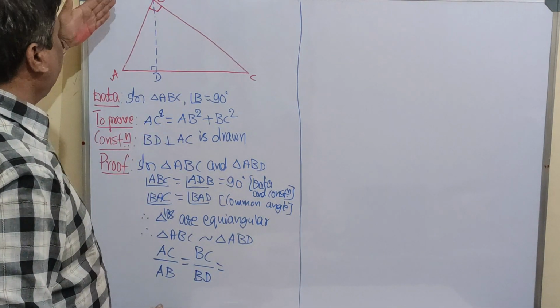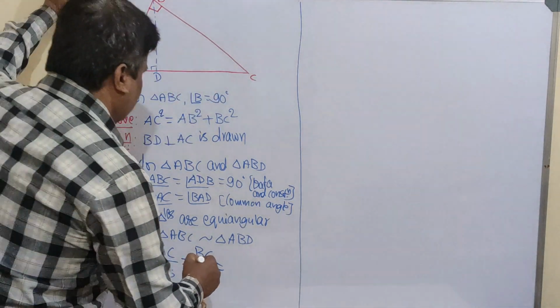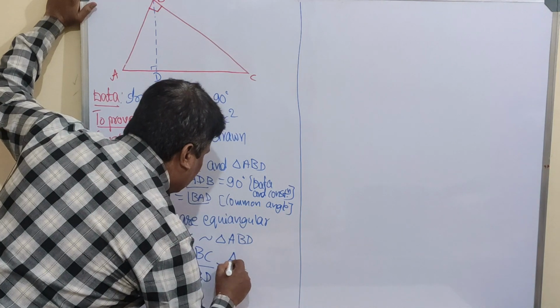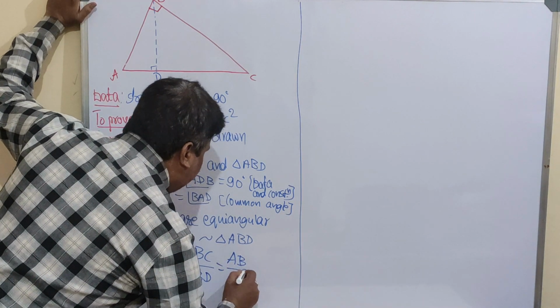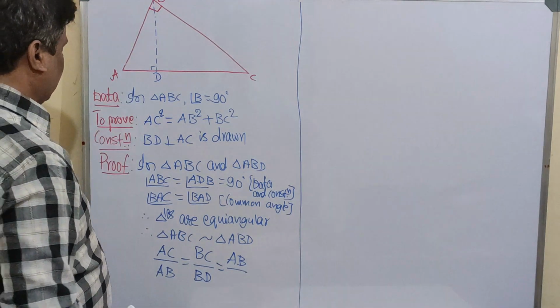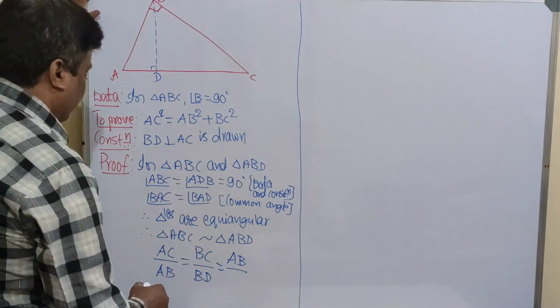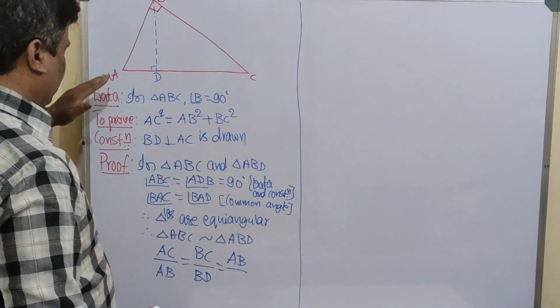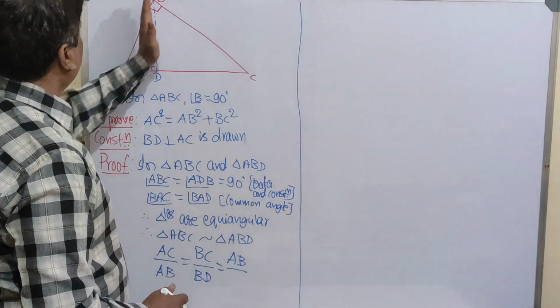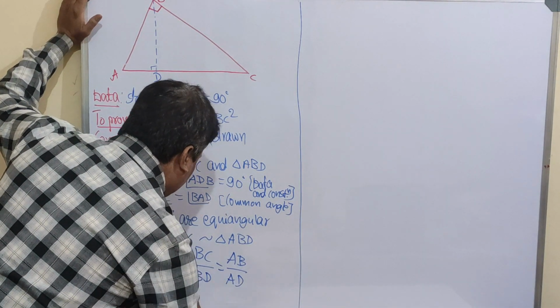So AC by AB, then BC by BD, then what remains is AB by AD.